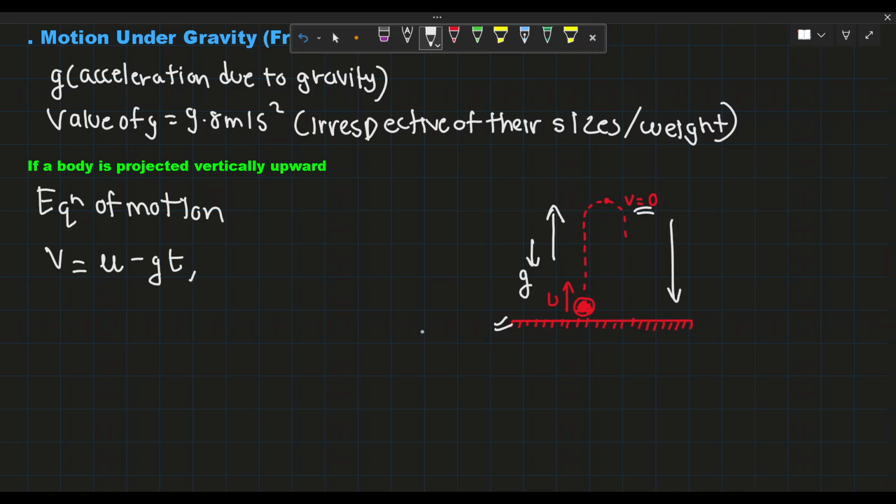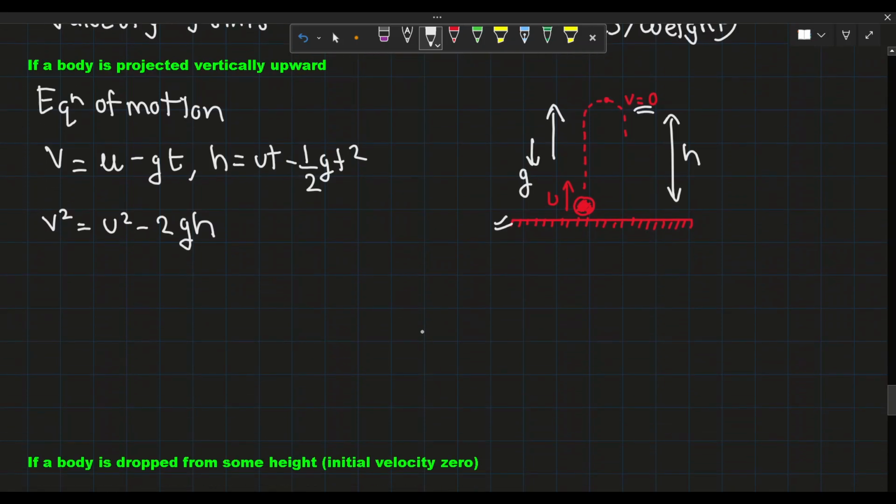Let's say it reaches a height h, then h equals ut minus half gt square, and your third equation is v square equals u square minus 2gh. Let's say it reaches a maximum height where your final velocity would be equal to 0.